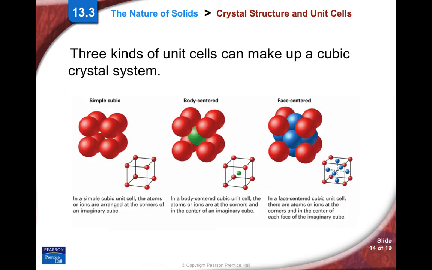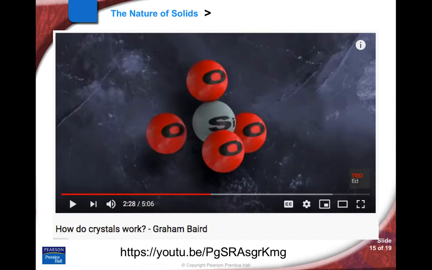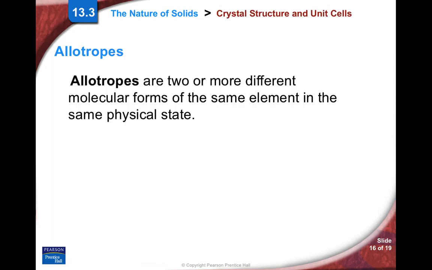So simple cubic, body-centered cubic, face-centered cubic, and then there's hexagonal closest packing, which they didn't have on that particular slide. So I'll ask you to watch this crystal video. It's relatively short.